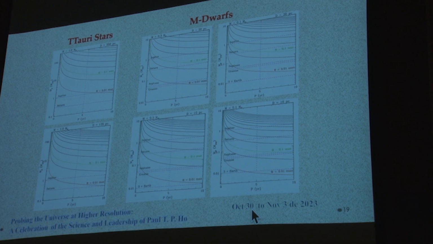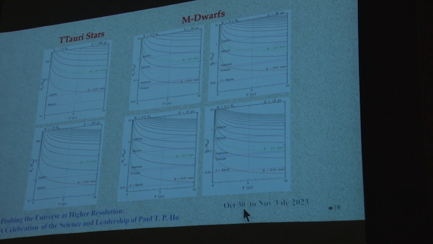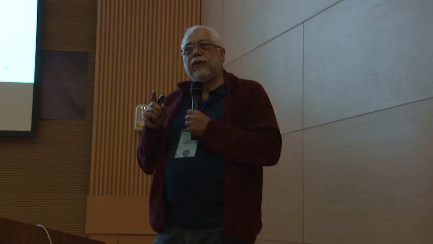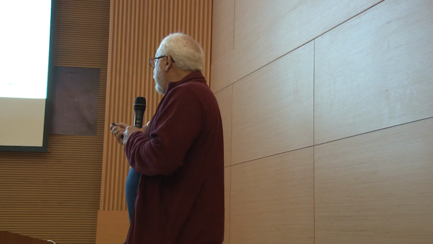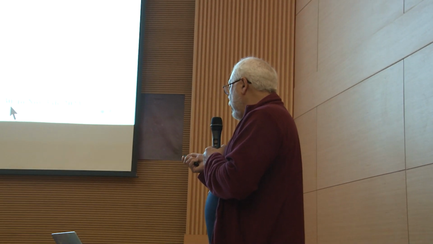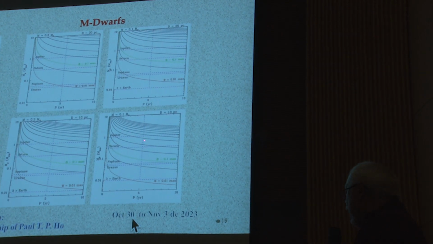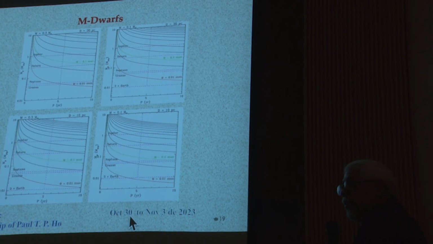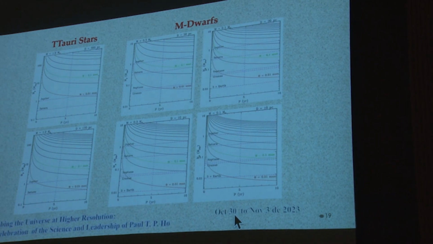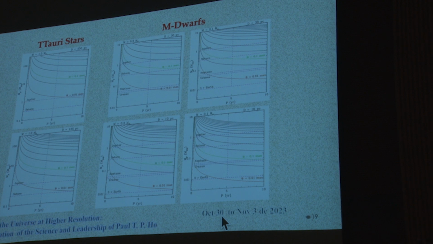In the case of solar-type stars, with the ngVLA, we'll be able to find Jupiter-like planets using astrometry. In the case of M dwarfs, low mass stars, we'll be able to detect very easily Jupiter-like planets, but also Saturn, Neptune, Uranus kind of planets, and in some cases, even Earth-like planets.